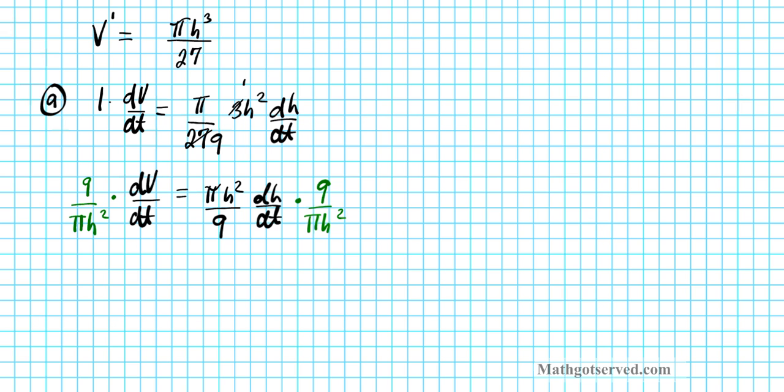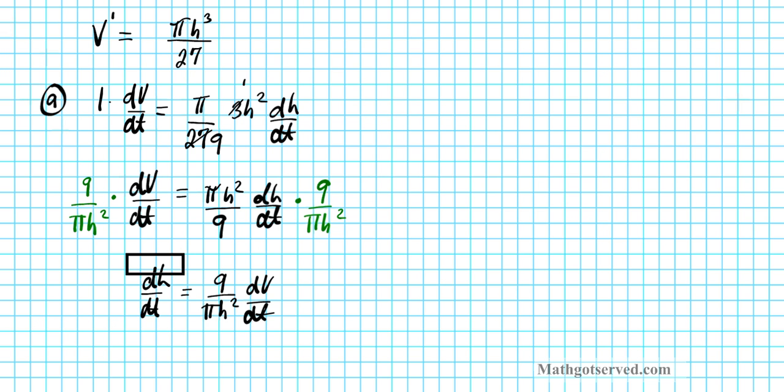And then the dh/dt, this cancels out with that. The dh/dt is going to become 9 over pi h squared dV/dt. Okay, so that's dh/dt.